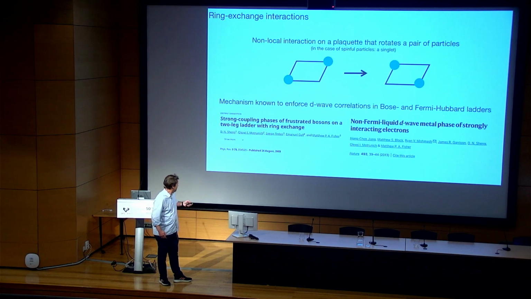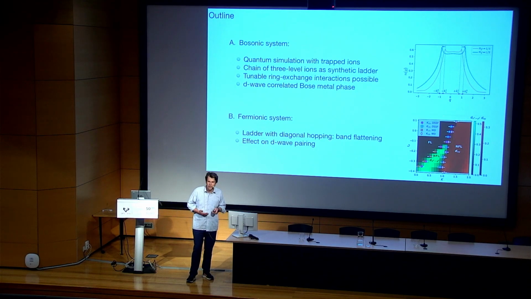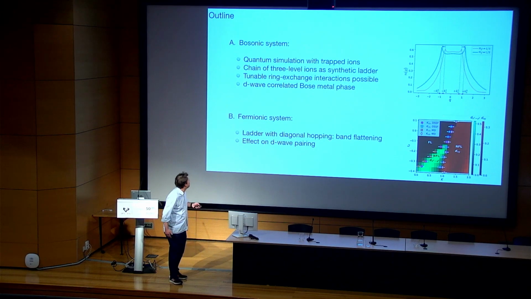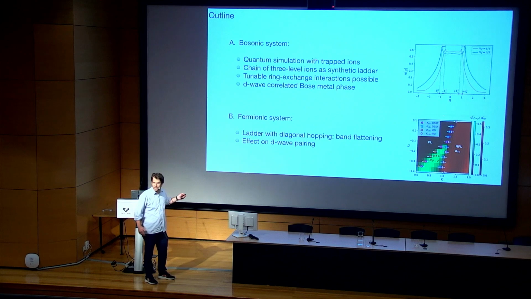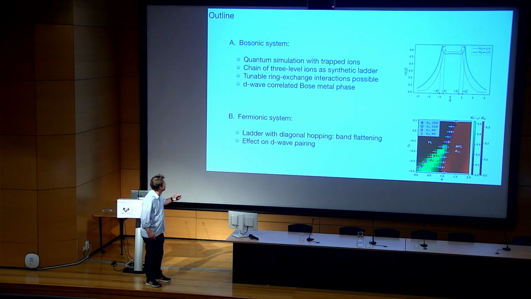And my talk today will, in the first place, discuss how we can actually get such interactions in a synthetic quantum system. I will show you how we can get such exotic ring exchange interactions in a system of trapped ions, how we use these systems to first build a synthetic dimension ladder, and then we will have tunable ring exchange interactions there, and we will see that this gives rise to a D-wave correlated Bose metal phase.